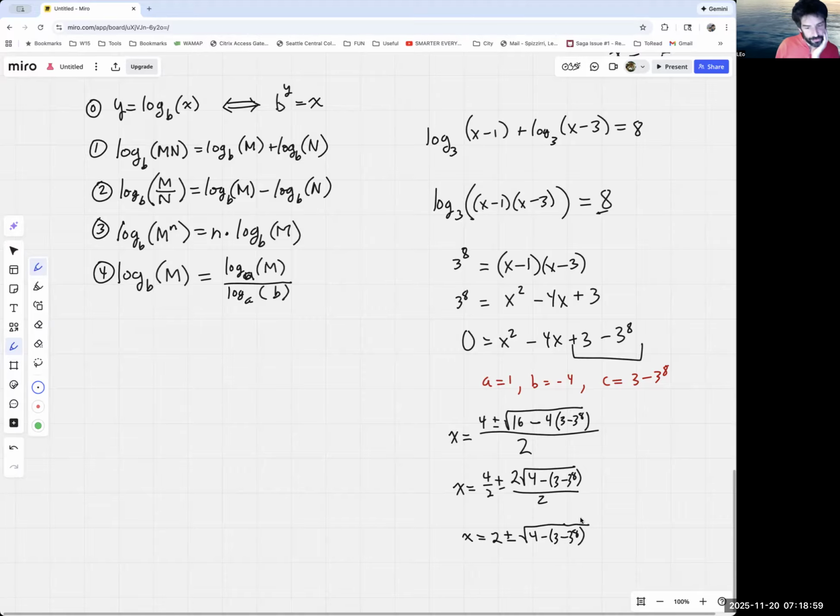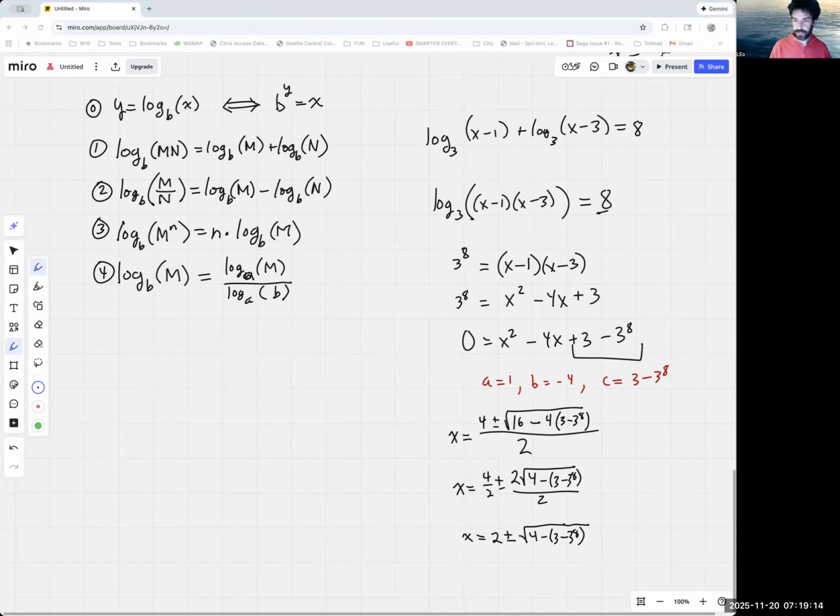Okay, so let's just think about these two results. This is going to be 4 plus some large number. Let's compute that really quick. So 3 minus 3 to the 8th.